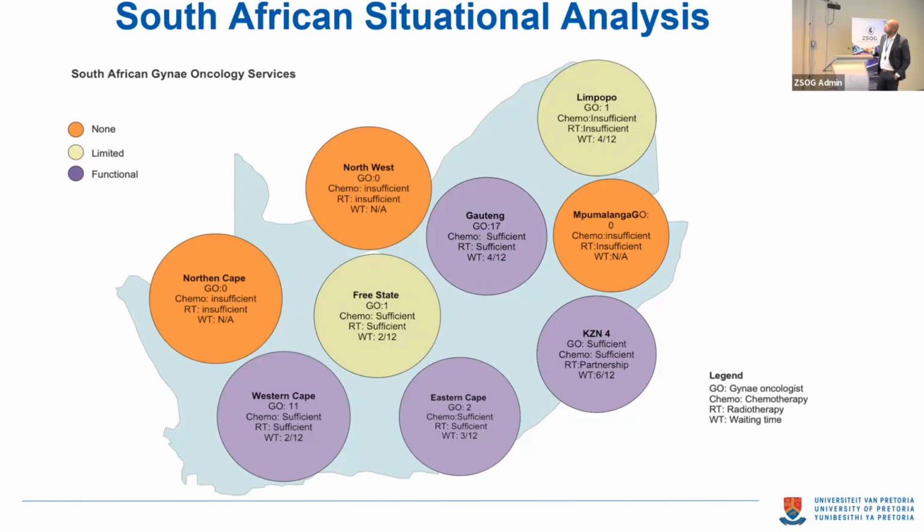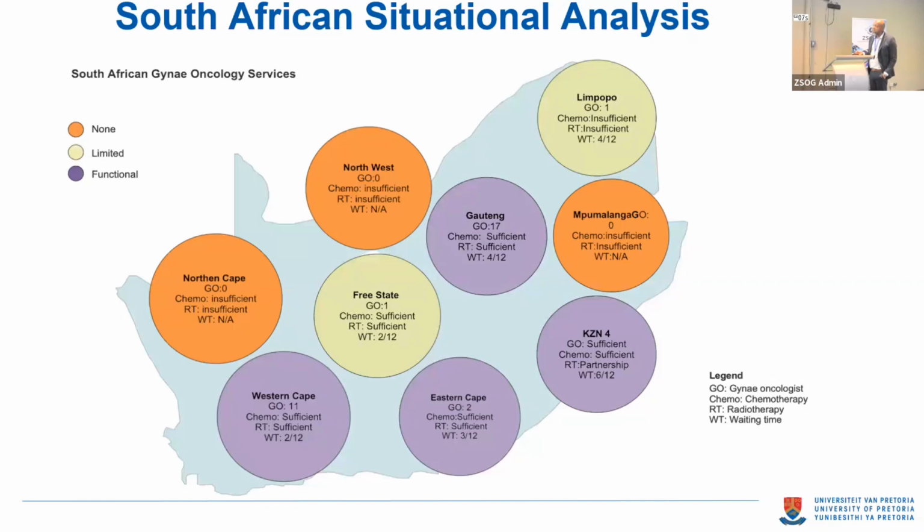So if you look at what is happening in the tertiary hospitals, in a province like Gauteng, we have got 17 gynaecologists, and the chemotherapy services are sufficient.